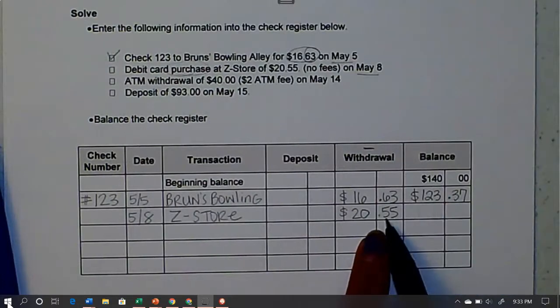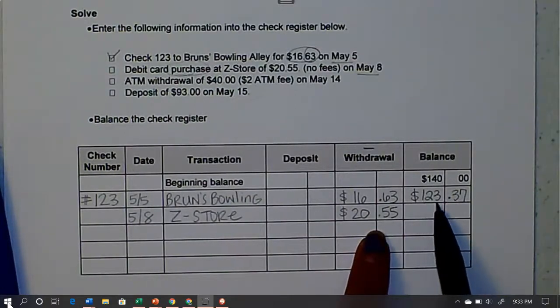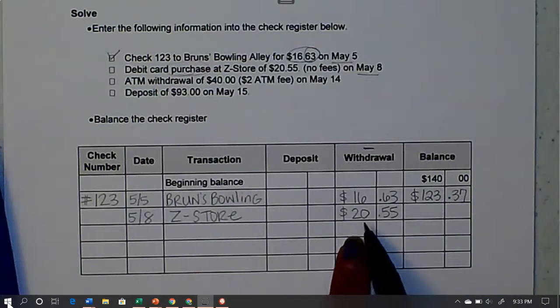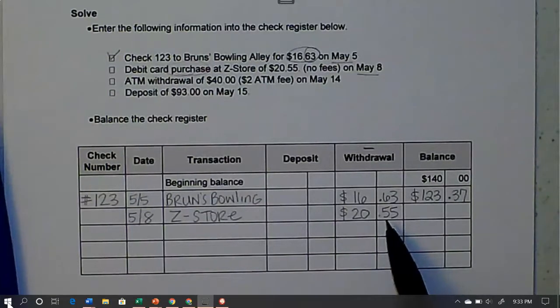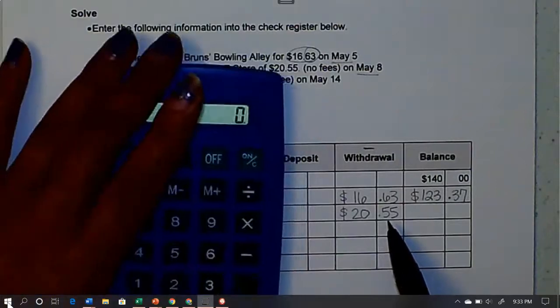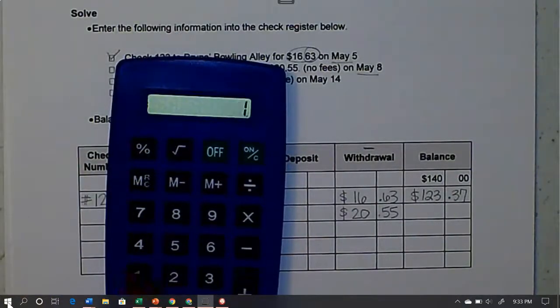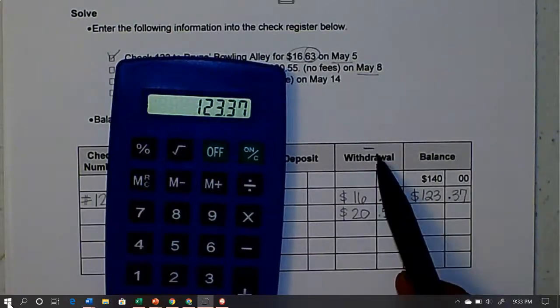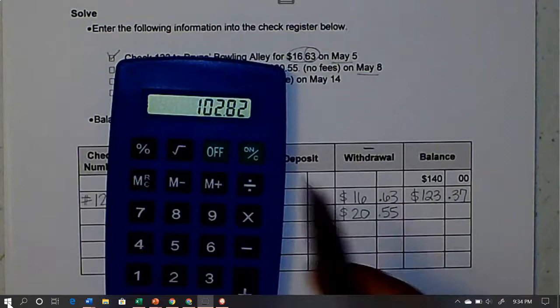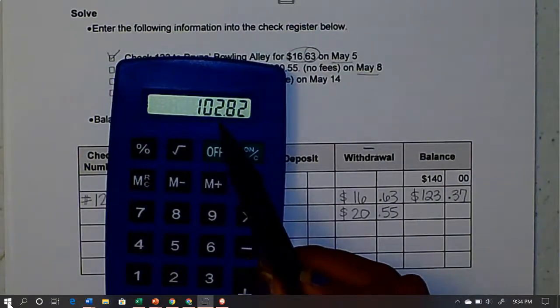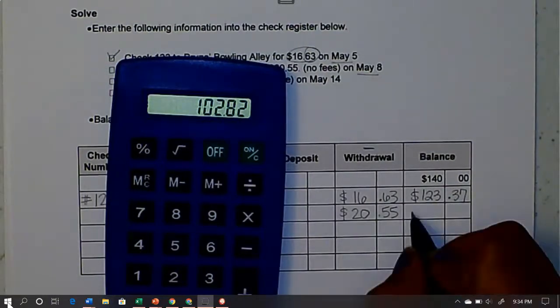If I'm making this withdrawal, I'm going to take $123.37 and subtract $20.55. Here I'm just going to take my calculator. I'm going to type in $123.37, and again, it is a withdrawal, so I'm going to subtract $20.55, and that gives me my end balance of $102.82.